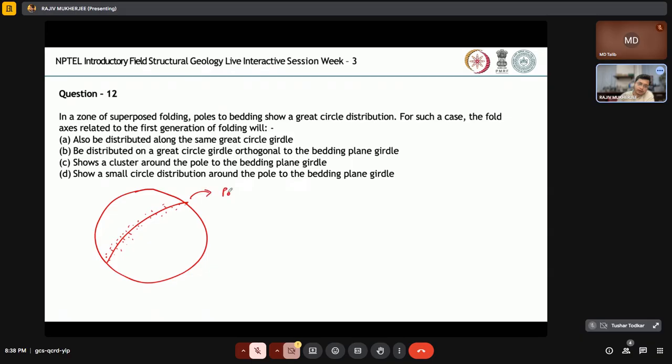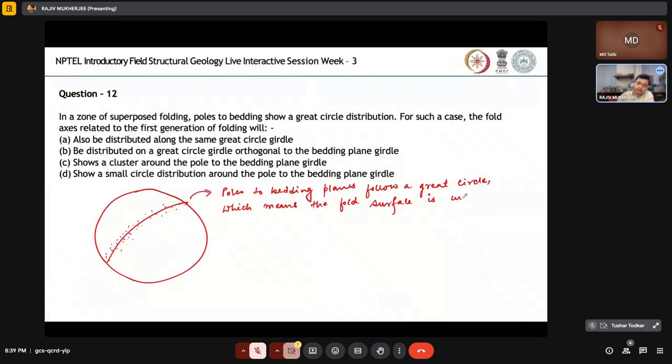So poles to the bedding plane follow a great circle, which means that the fold surface is uniform, and hence it is cylindrical, right?